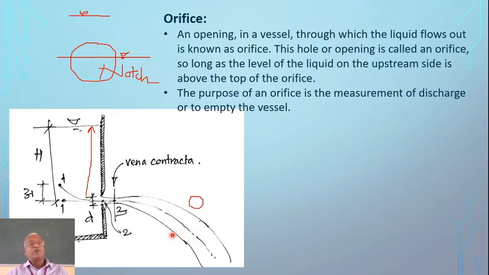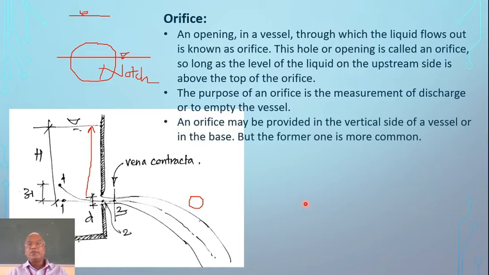One more direct purpose would be just to empty the tank, right? Why is the opening provided? Just to take the water or liquid out. If you have kept oil and want to take it out, going on top every time, opening the lid and taking the liquid in some container would be a problem. So you put an opening and allow the liquid to go out. That is the purpose.